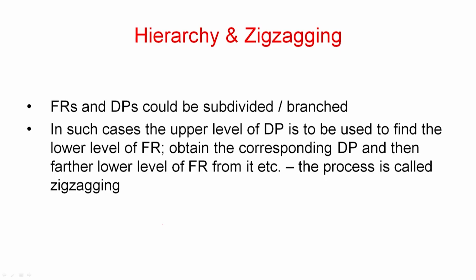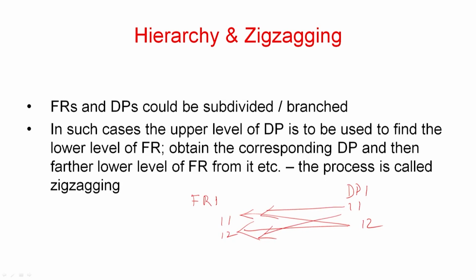Now, this FR and DP, I said that they could be subdivided, like FR1 can have FR11, FR12, DP1 can have DP11, DP12, etc. Not only that, they have a zigzag process, like DP12 may affect DP11 and FR11 and FR12, and the same is true for DP11, which is going to affect FR11 and FR12. So, this zigzag process has to be kept into account.